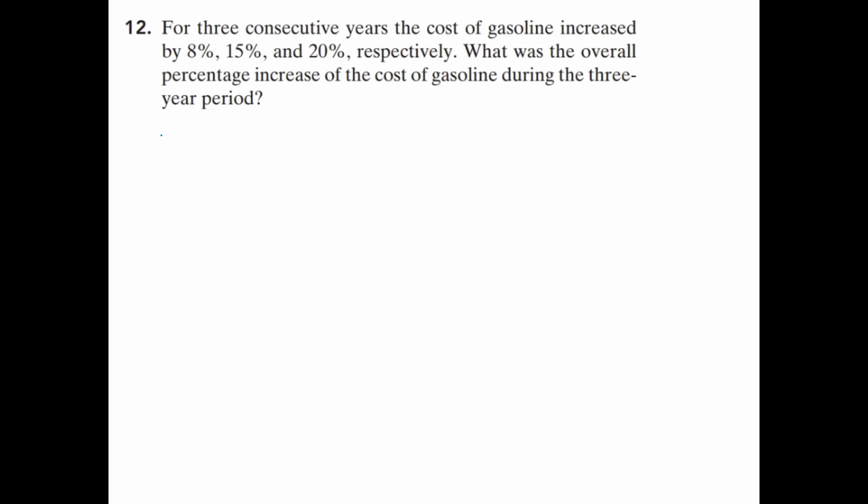So then we can use our basic formula. So let's say gas started at $3. Nice round number. Then this would be your whole. This is what you're comparing things to, right?